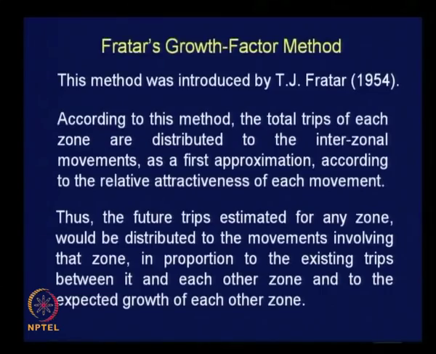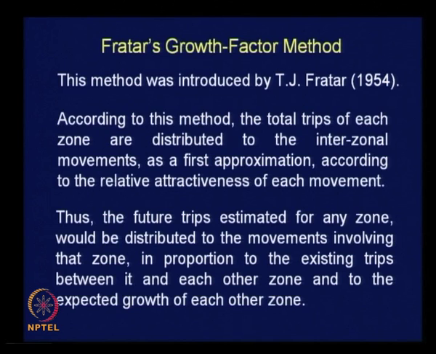To add more information about this method, we can say that the future trips estimated for any zone, or the horizon year trips that we estimate for any traffic zone, would be distributed to the movements involving that zone under consideration in proportion to the existing trips between it and each other zone.